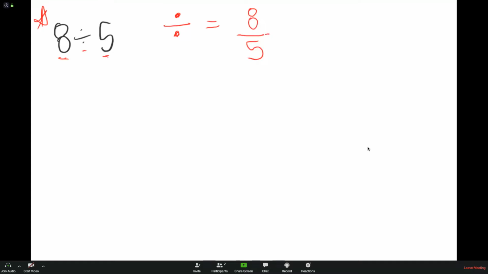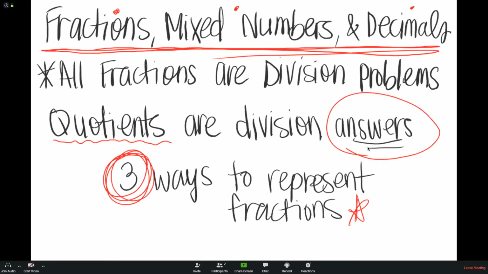Ooh, so fancy. So this dot would be replaced with the 8, this one with the 5, and this division symbol just really means 8 over 5. Okay, so that's the first way. Remember, we said that there are three ways to represent fractions. The first way is a fraction.